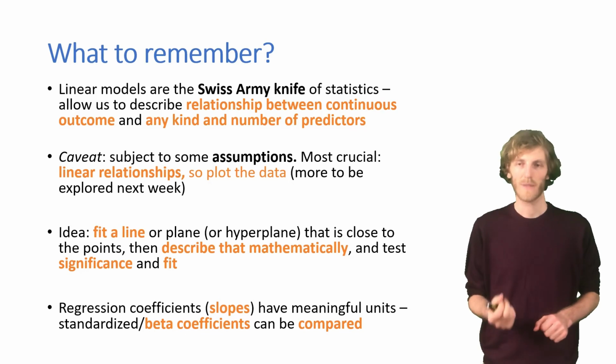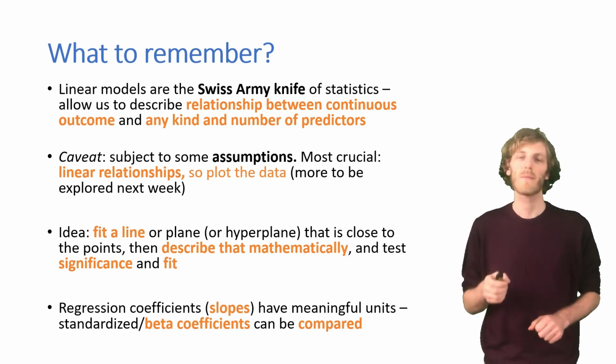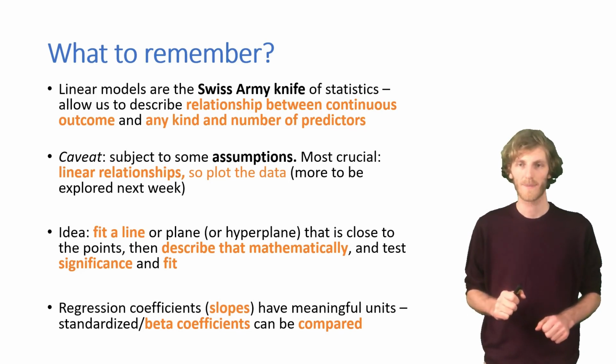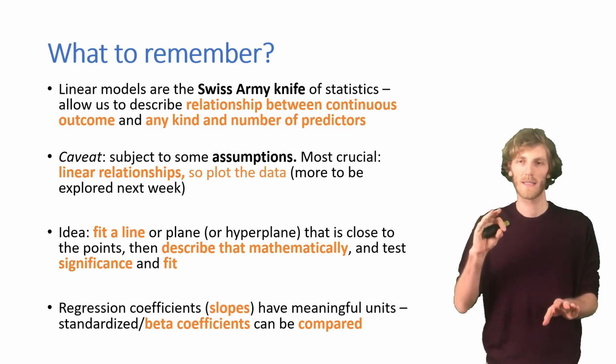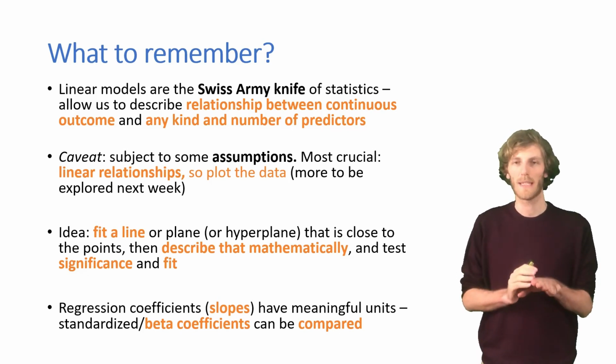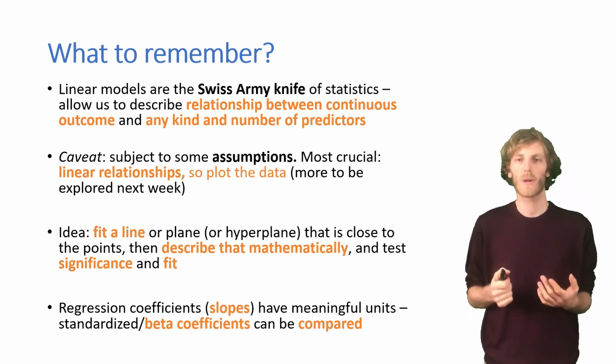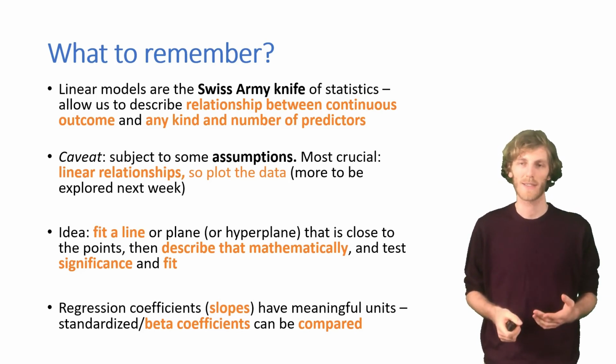So that's often easy to interpret, but it's not comparable across variables. If we want to figure out whether age or poverty is the stronger predictor, we need to standardize the variable. We need to get the so-called beta coefficients, the standardized regression coefficients.